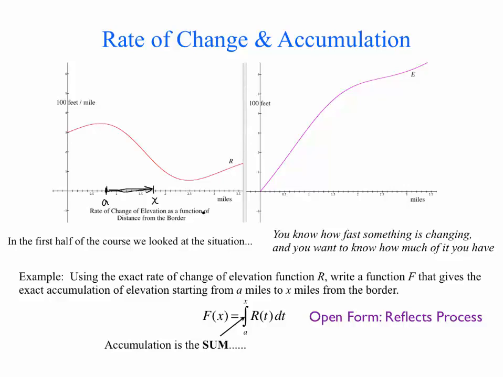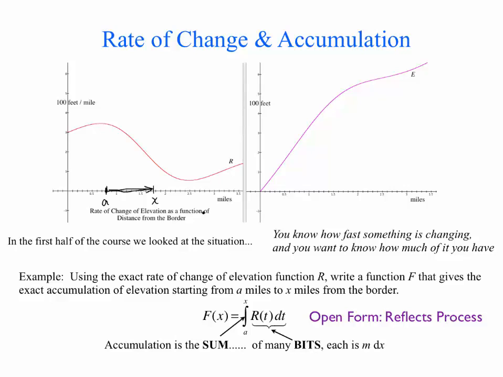Are we summing up rate of change? Changes in y. We get changes in y from rate of change. That's where the dt comes in, right? So it's not that we're summing up rates, we're summing up m dx's, right? We're summing up m dx's, rate times change in x.